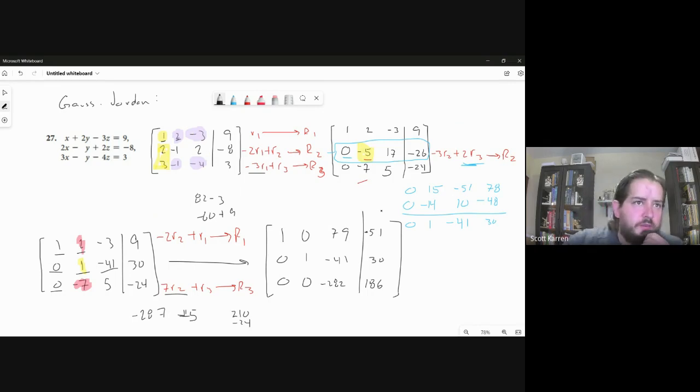It's possible I've made a mistake somewhere because these numbers are just horrific, but let's see. Yeah, let me throw this into an online calculator really quick and just check. 1, 2, negative 39.